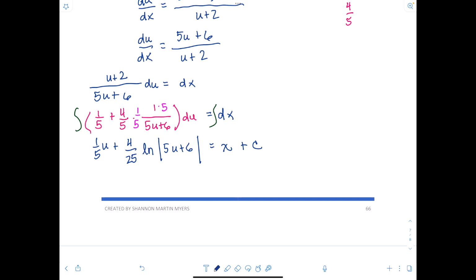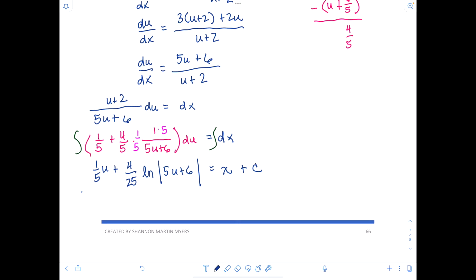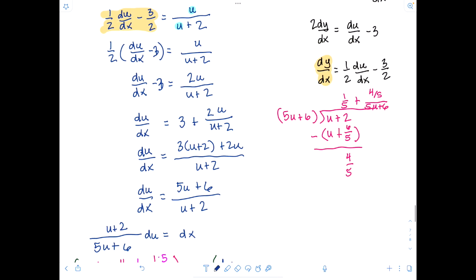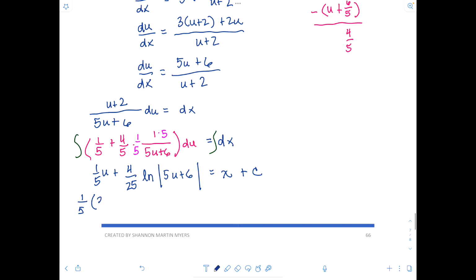Now I am going to back substitute. So we'll have 1/5 times, remember u was 3x plus 2y, plus 4/25 natural log absolute 5 times 3x plus 2y plus another 6 equals x plus c.